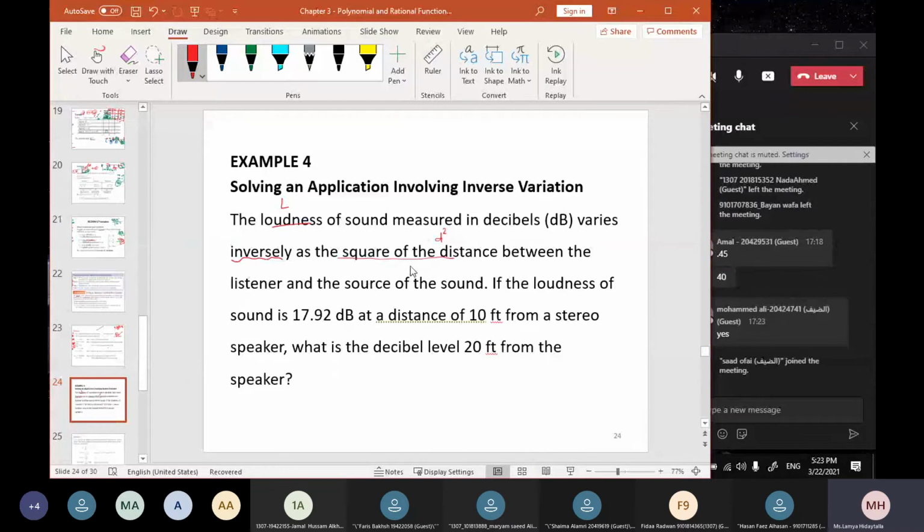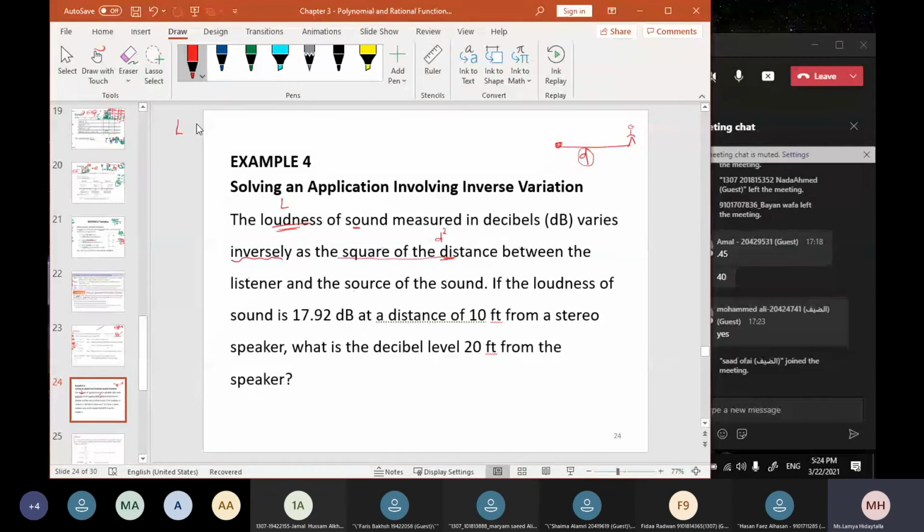Okay, the distance here is the distance between the listener and the source. So I have the source here and the listener somewhere here. This is the distance between them. The loudness of the sound is inversely proportional to D. First I took the equation.